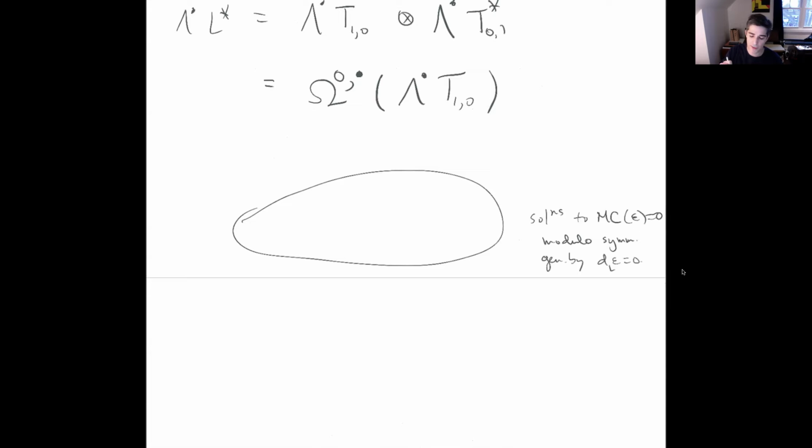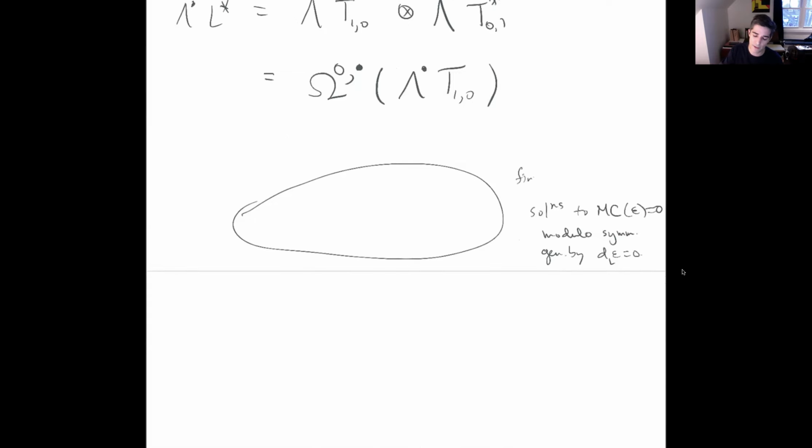Remember, I said that the closed elements of this complex would give us symmetries. So we need to take deformations modulo symmetries in some finite dimensional space because of the ellipticity. So this is the moduli space.